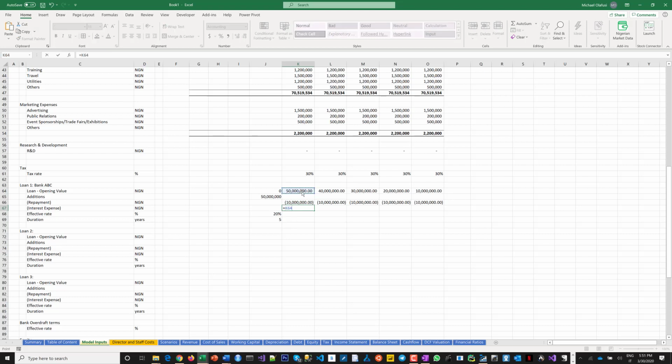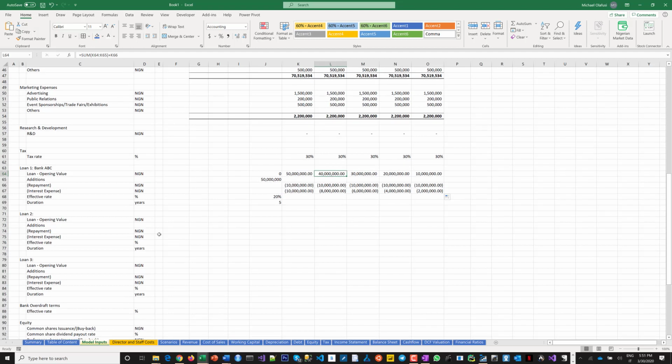The interest you pay this year is going to be equal to this times the rate. Because we are going to ensure the interest expense is in negative, I can drag this down here. So the lesser your outstanding loan, the less interest you pay. So this follows close to reality. So let's leave it as this.